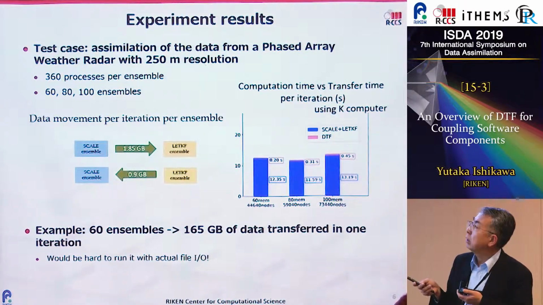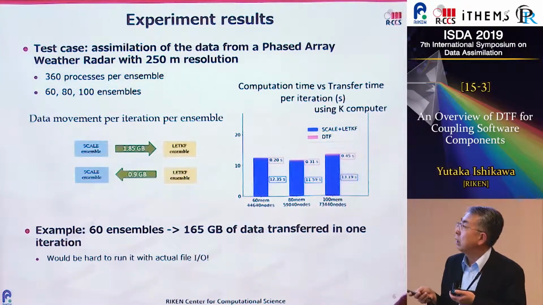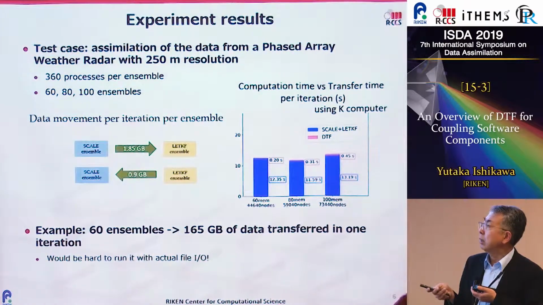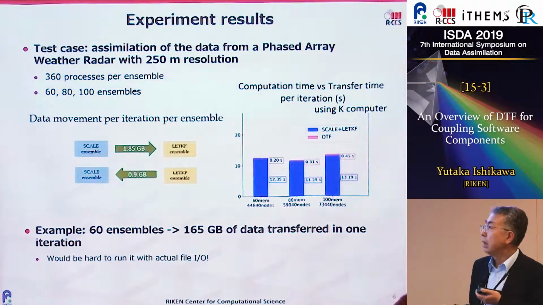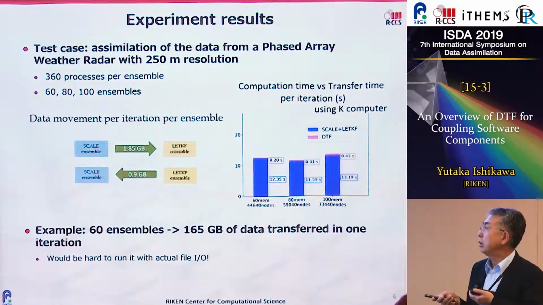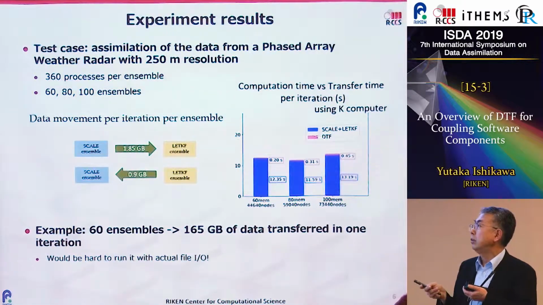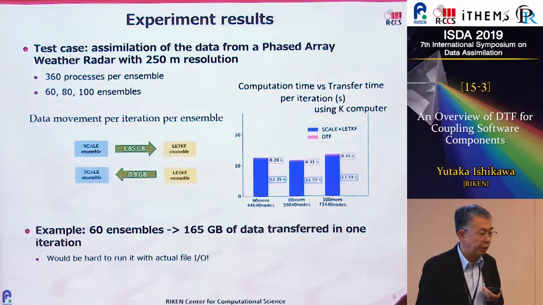In this size, the data movement per iteration per ensemble is more than 1 gigabyte from SCALE to LETKF, and from LETKF to SCALE about 1 gigabyte of data transfer. In the case of 60 ensembles, that means 165 gigabytes of data transfer is required for each iteration.